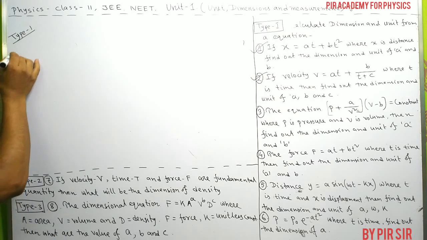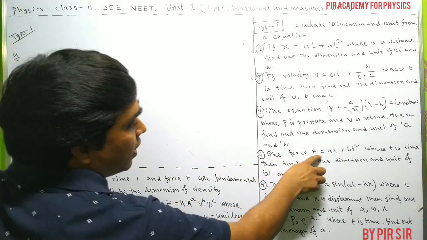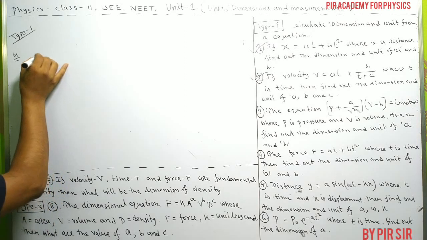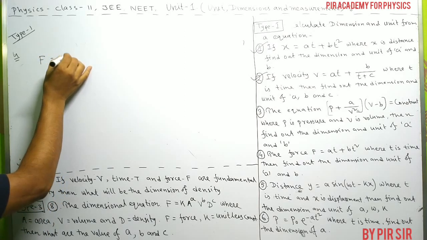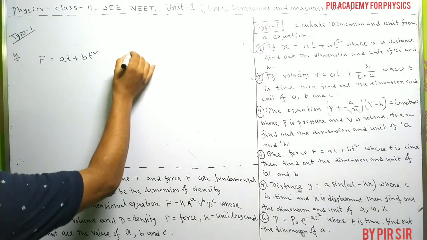And the fourth problem. What is the fourth problem? Here also an equation. Fourth problem, the force F is AT plus BT square, where T is time. We find out the dimension and unit of A and B. That means F equals AT plus BT square. Here F is force.